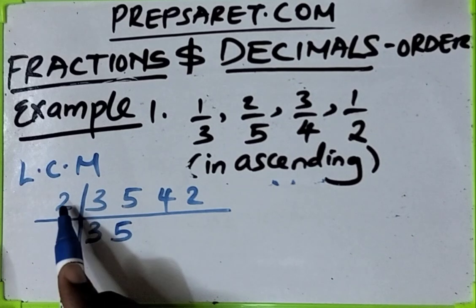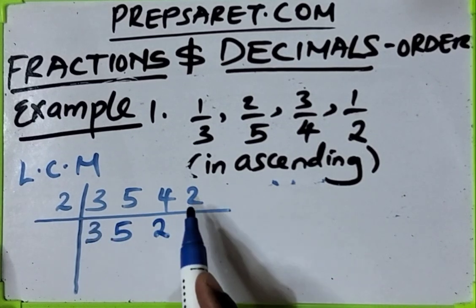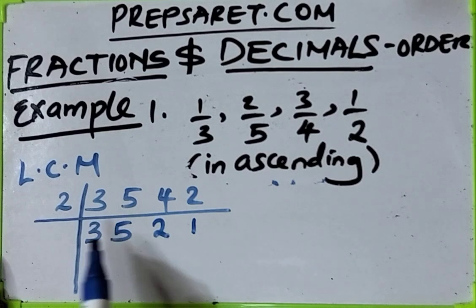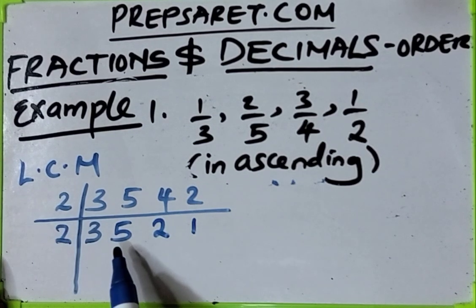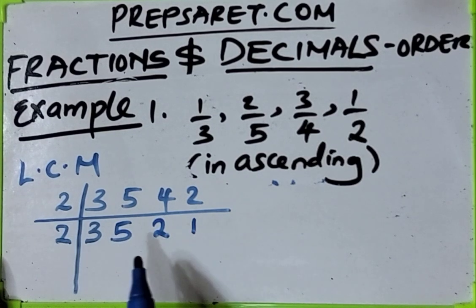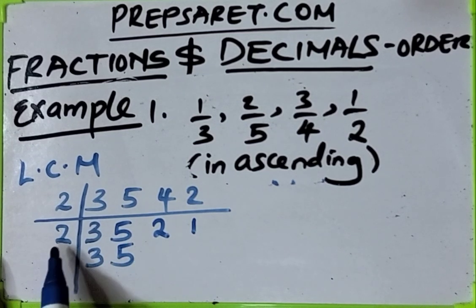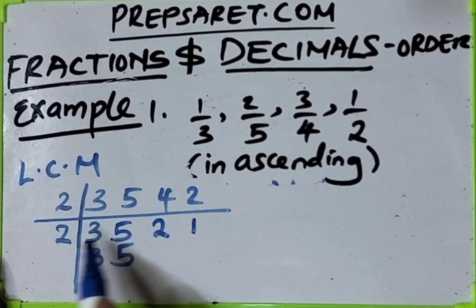But 4 divided by 2 is 2, and 2 divided by 2 is 1. We are eradicating these numbers one by one so that we get the least common multiple. We again do 2 because we are not yet done with 2's. 3 not yet, 5 not yet. 2 divided by 2 is 1.